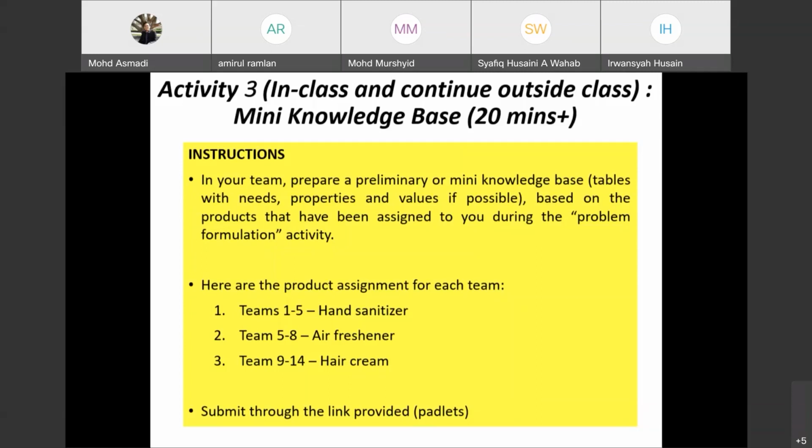Needs dia contohnya kalau hand sanitizer, non-sticky ataupun high evaporation rate, right? Properties dia adalah related with the boiling point. Okay. Constraint dia adalah related with the, contohnya irritating to skin. Okay. Itu adalah constraints lah.